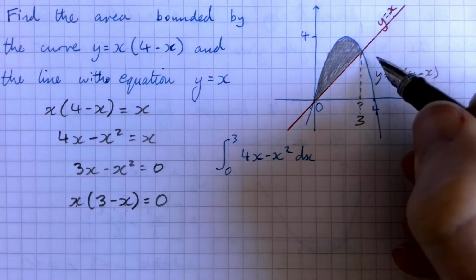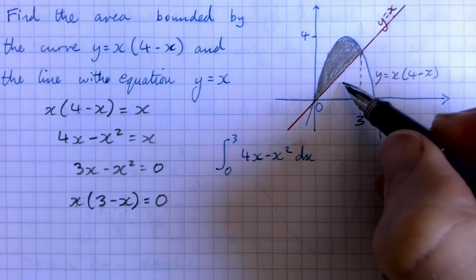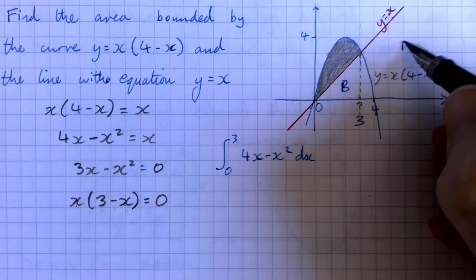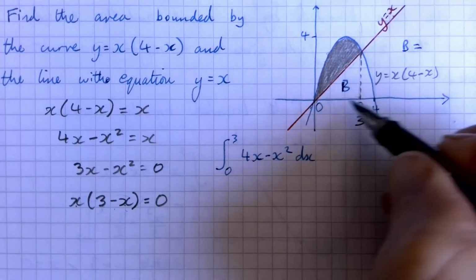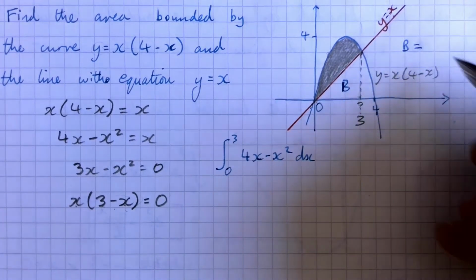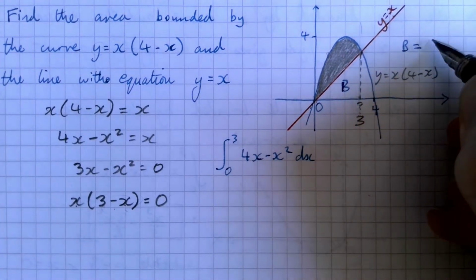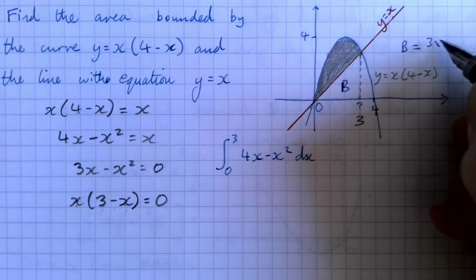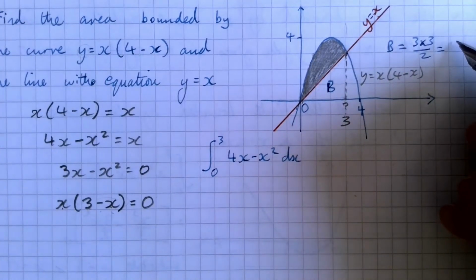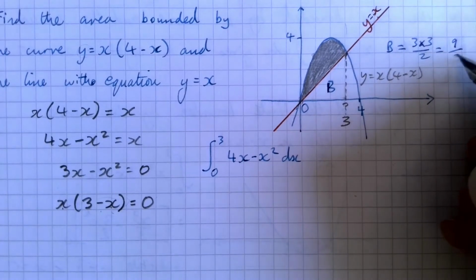I could just do that area quickly, couldn't I? If I call that area b that we're going to take away, you're going along 3 there and you're going up 3 because it's the line y equals x, isn't it? So that's going to be 3 times 3 over 2, which is 9 over 2, or 4.5. So we'll just call that 9 over 2 for now.